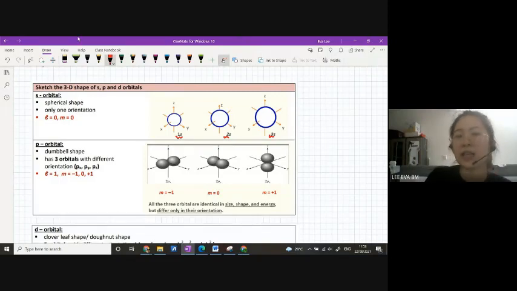Okay. And then if you see on this diagram, we have three axes. We have X axis, Y axis, Z axis. Okay. And then for p orbital, we represent using dumbbell shape. Dumbbell macam mana? Dumbbell macam awak nampak macam ni lah. This is dumbbell. So each dumbbell represent one orbital.